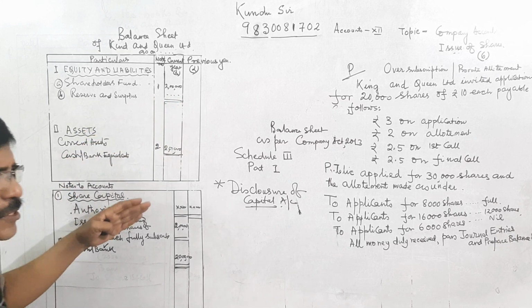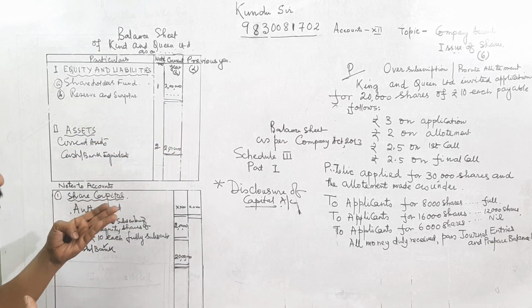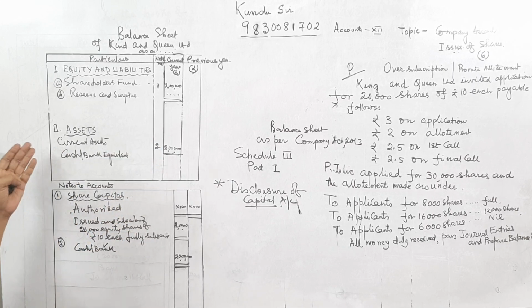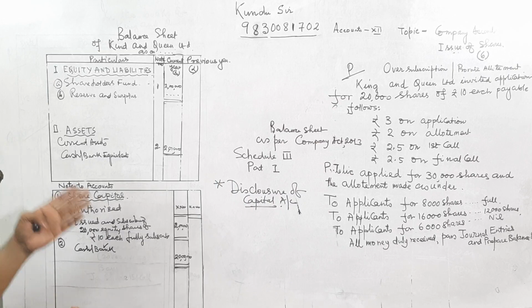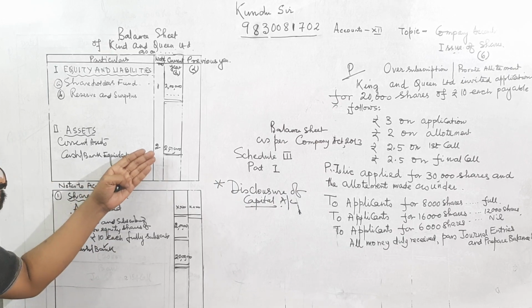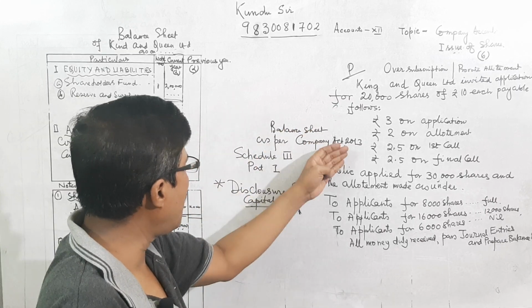But in this problem there is no question of profit, capital reserve or share premium account. We only have the asset, that is the bank balance of 2 lakhs. So this balance sheet is prepared under the Company Act.